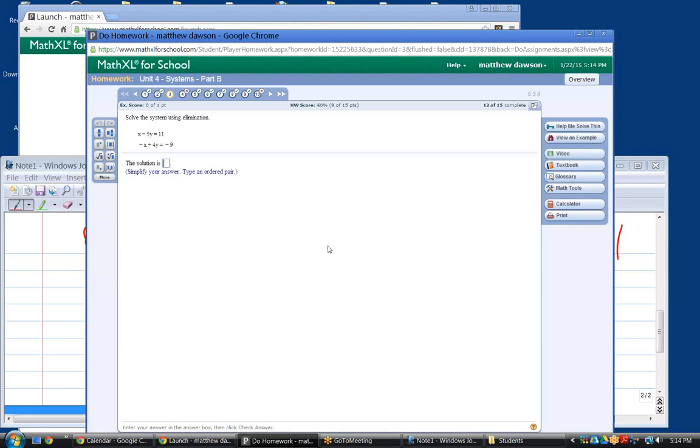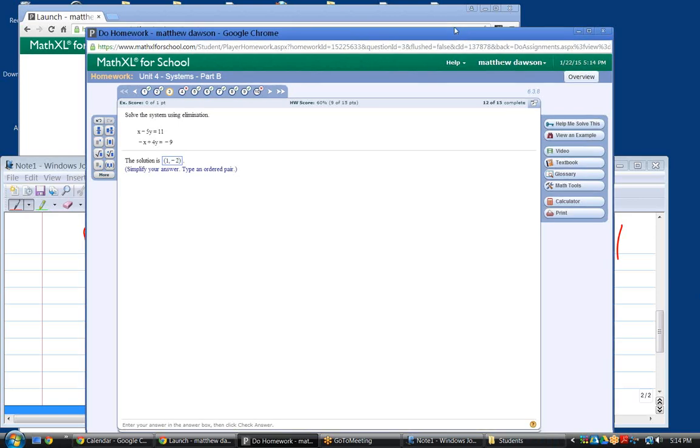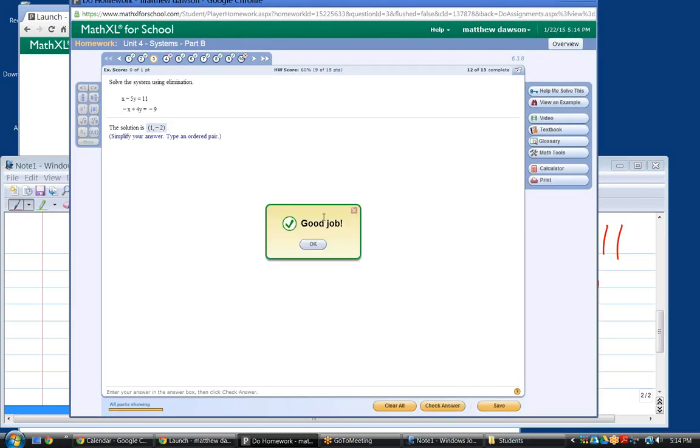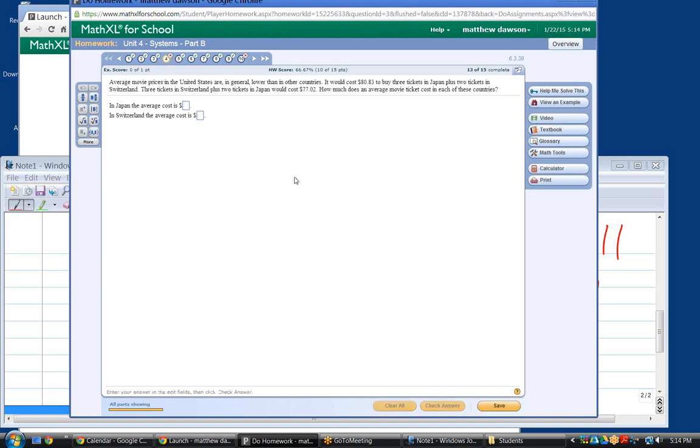This is the same problem though, isn't it? Yeah. So (1, -2). And now we want to go to 4. Yep. Okay.